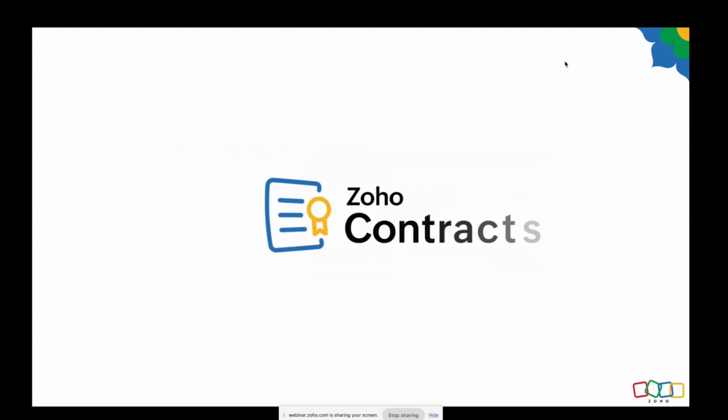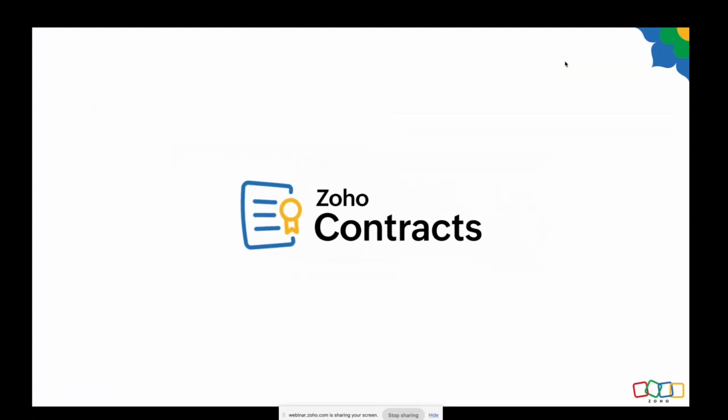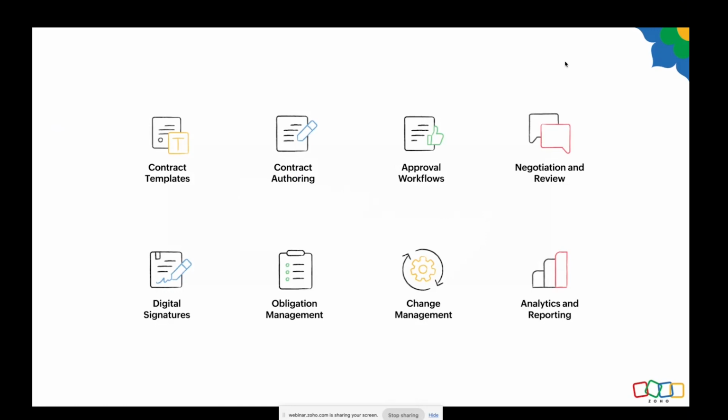Now, the main product here is Zoho Contracts. It is a contract management CLM tool, which is the contract lifecycle management software of Zoho. And these are a few features that we have within the application.